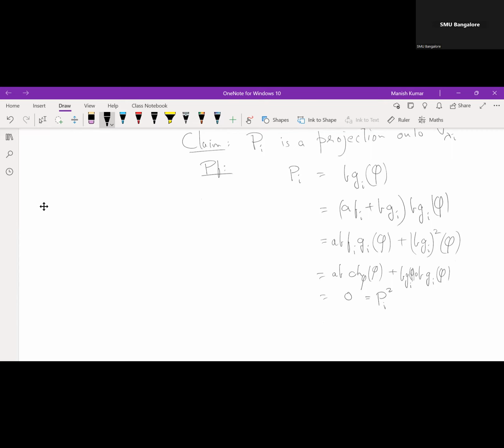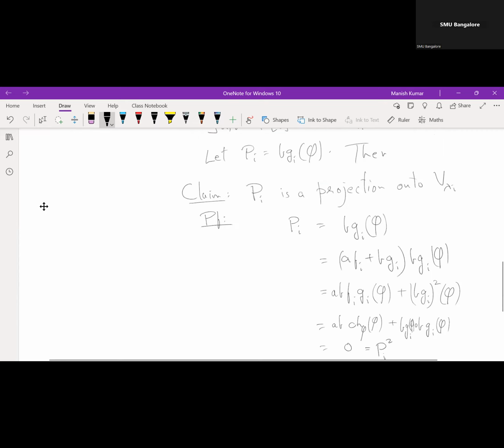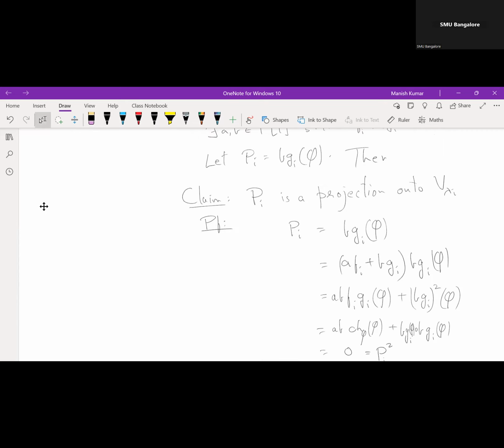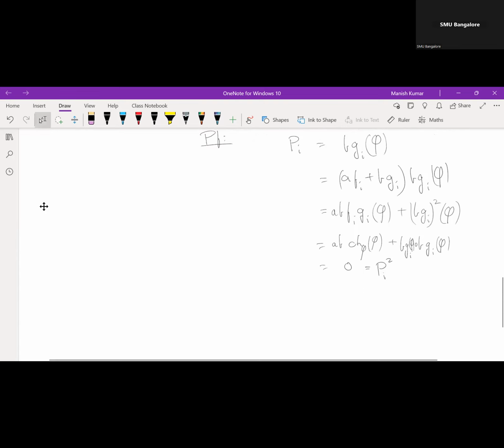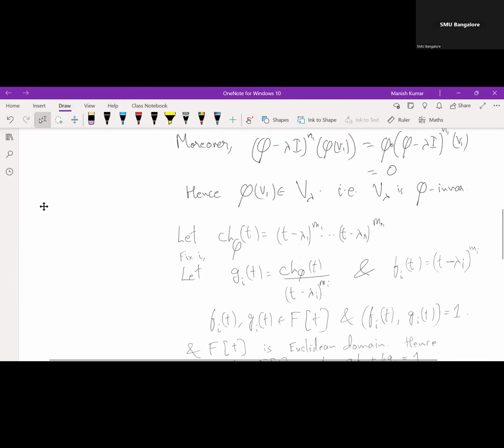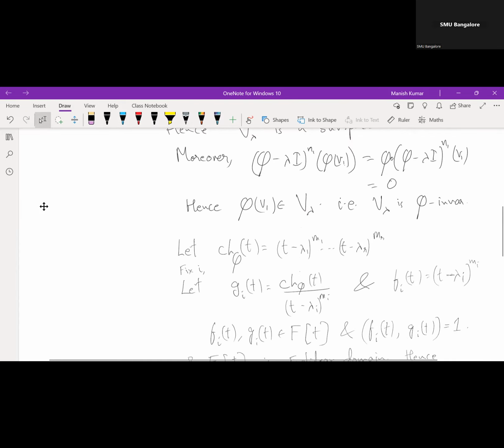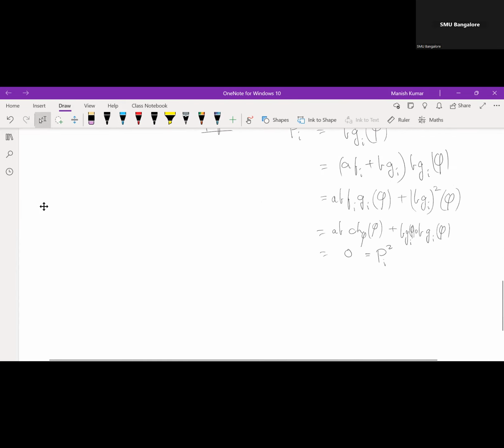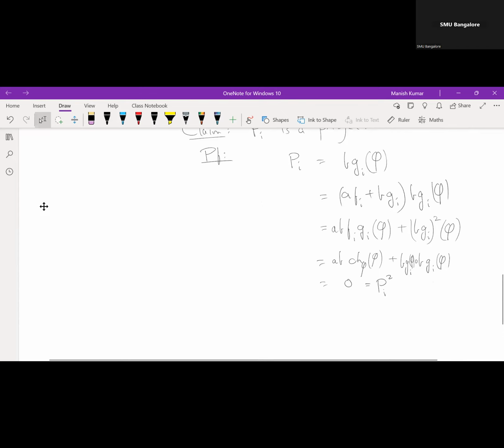And then we also have to look at the image of pi. I want to say that the image of pi is precisely V lambda I. So let's show that.